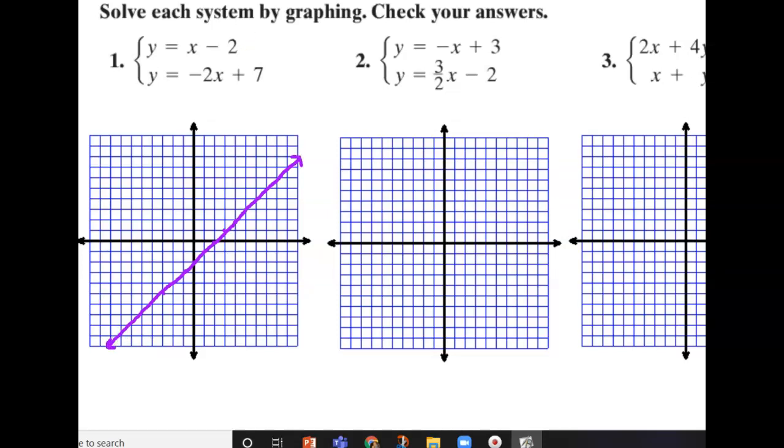My second line has a y-intercept of 7 and a slope of -2. So it goes down 2, right 1, down 2, right 1.